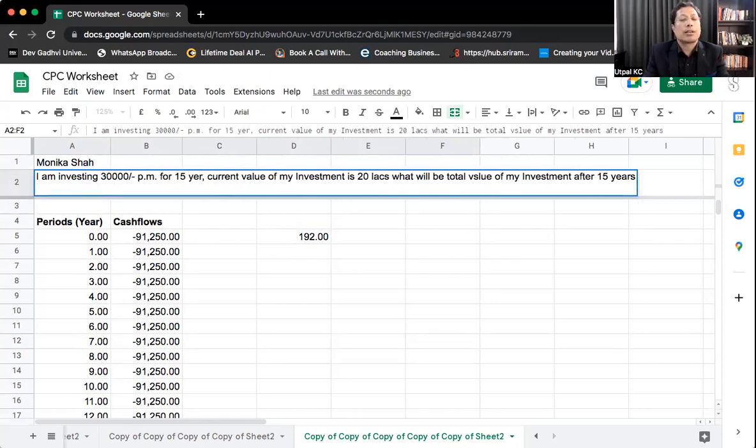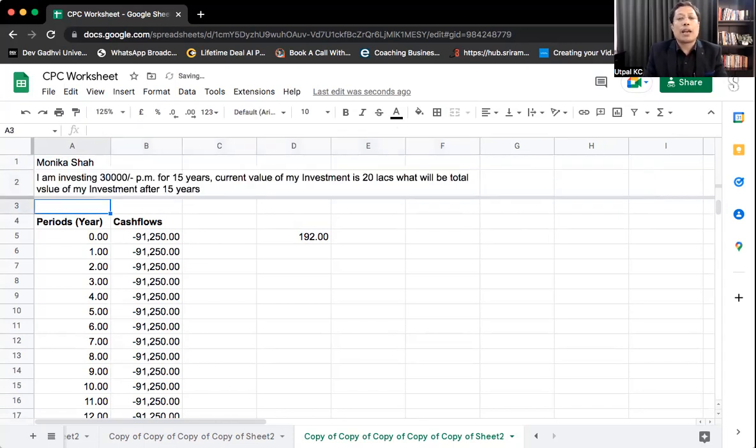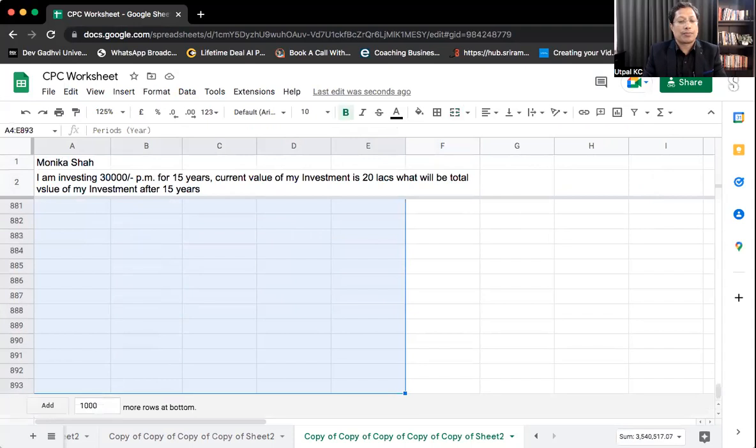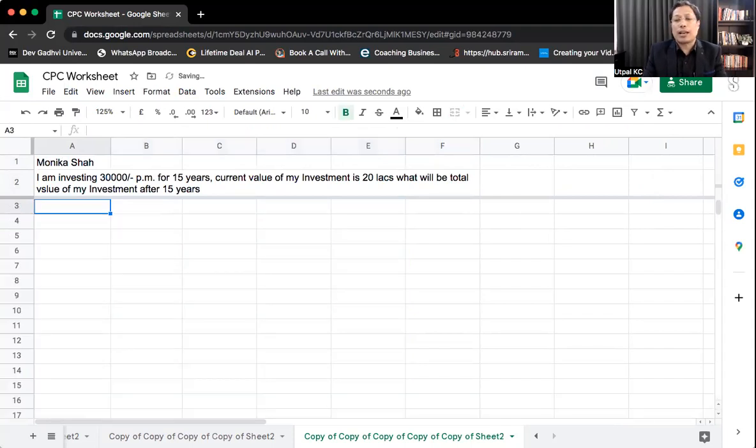Current value of my investment is 20 lakhs. What will be the total value of my investment after another 15 years? Okay, so there are two parts into it.